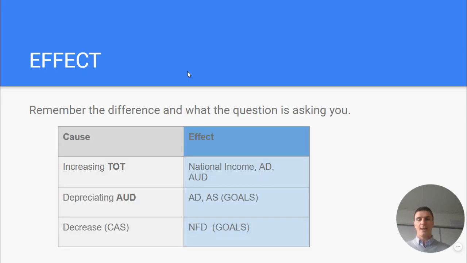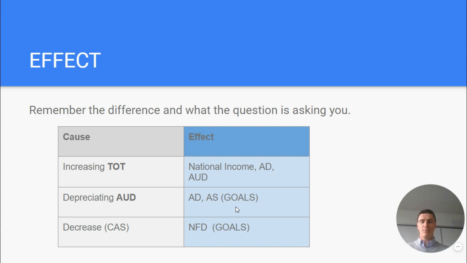On the other side, if you get asked a question about the effect, what's the effect of an increase in the terms of trade? Obviously, that impacts national income. It impacts aggregate demand. It impacts the exchange rate. What's the effect of a depreciating Australian dollar? Well, a change in aggregate demand, a change in aggregate supply, therefore an effect on all three goals.